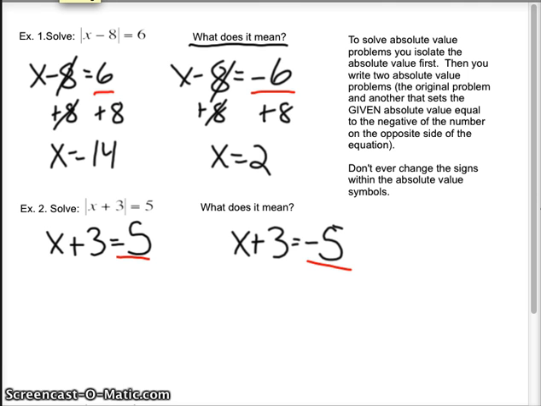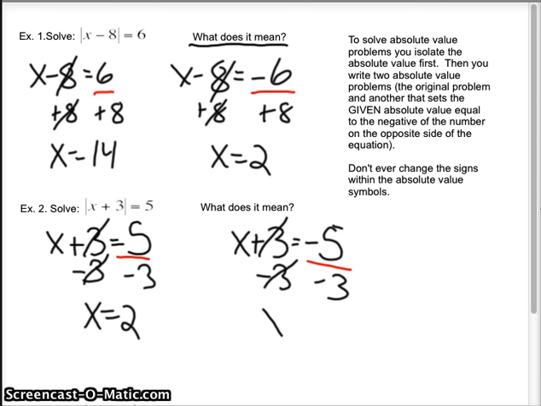Once we separate it into those two equations, now we simply solve. Subtract 3 from both sides. And over here, subtract 3 from both sides. And we have our two solutions now. So again, that is always our goal. We need to find a way to get our two solutions.